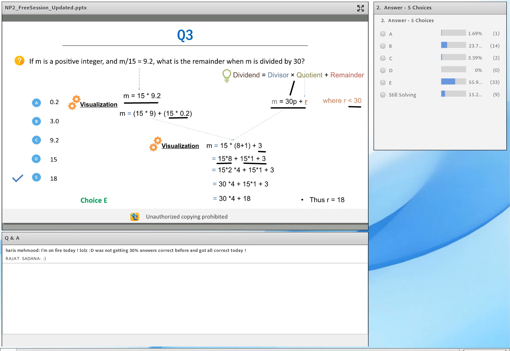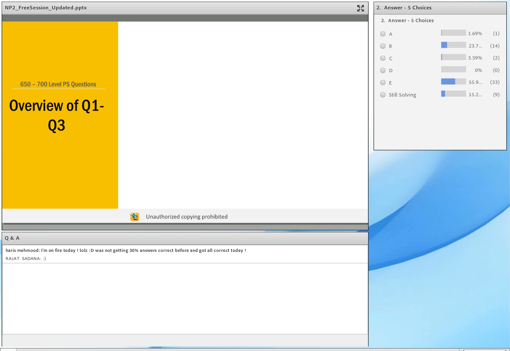Now, let's summarize what we've learned so far. In each of these three questions, which were the first three questions that we did, prior to this everything was warm up. We applied this equation where dividend is divisor times quotient plus remainder.